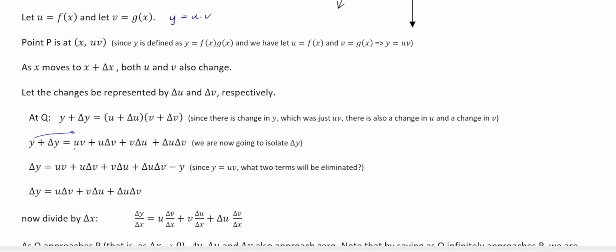So if this is just y, and we're subtracting y, these two terms will cancel. Since y is equal to uv, the first one and the last one are eliminated. So we're left with delta y is equal to u delta v plus v delta u plus delta u delta v.